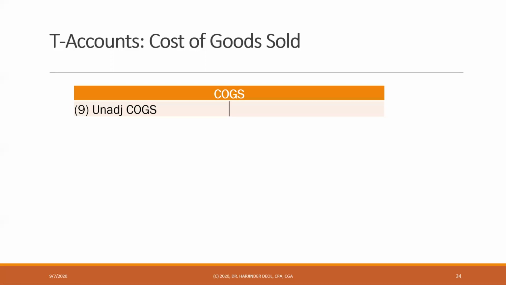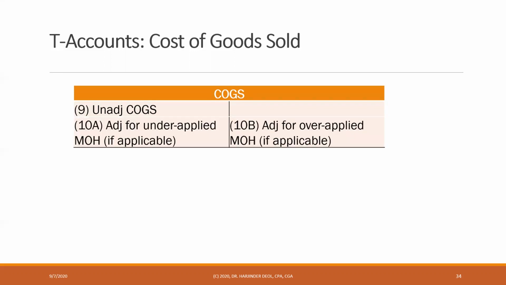Depending on whether manufacturing overhead was over or under applied, there is going to be an adjustment made to cost of goods sold. For under applied manufacturing overhead, the adjustment is made to the debit of cost of goods sold. So an under applied manufacturing overhead results in cost of goods sold increasing. On the other hand, an over applied manufacturing overhead will result in cost of goods sold being decreased.